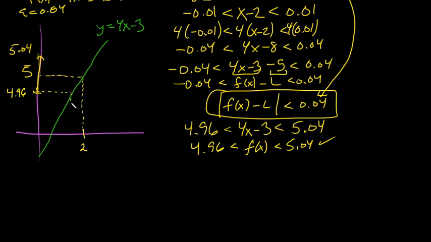And what we found is that if my delta is only 0.01, 1/100th, so if I'm 1/100th of a way from 2, either positive or negative, so between 1.99 and 2.01, if my x falls anywhere within that range, then the f of x is guaranteed to be somewhere between 4.96 and 5.04.